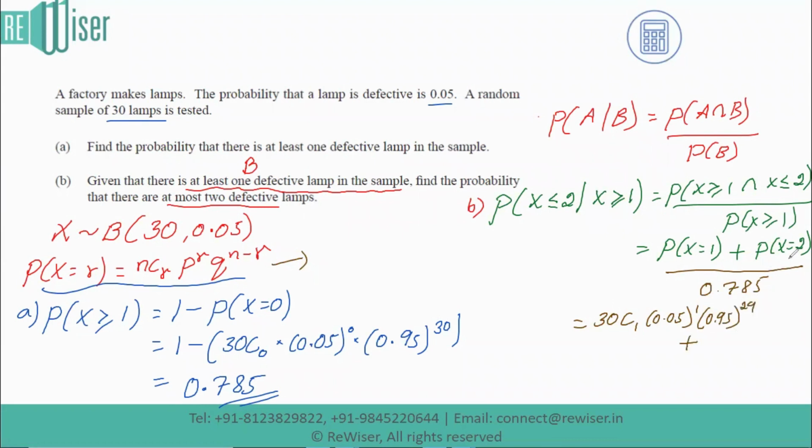Plus the probability that X equals 2, which would be 30C2 times 0.05 to the power of 2 times 0.95 to the power of 30 minus 2, which is 28. And this entire thing is divided by 0.785. When we simplify this, we get the final answer to be something around 0.761. So that is the right answer for this sum.